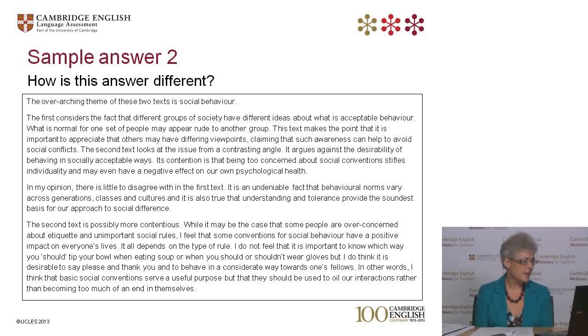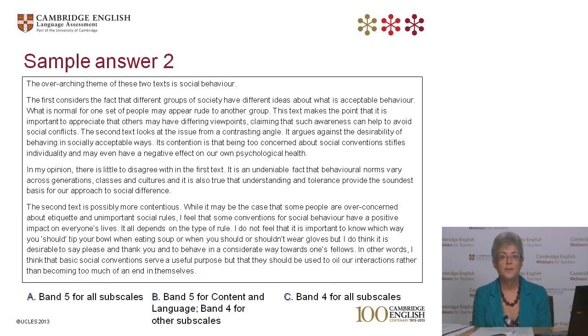Some of you also commented, I think, that the answer is at a higher level than the first one. So let's think about the bands you'd award for this answer. Have a look at your C2 assessment scales again on your handout. At the bottom of the slide, you can see some options for what bands the examiner awarded this answer.